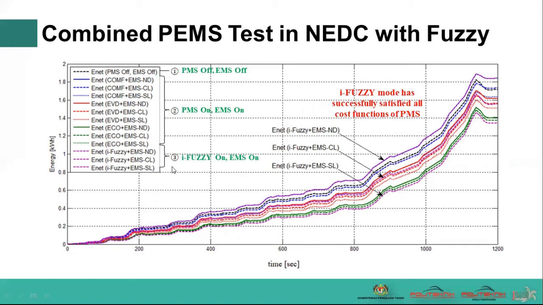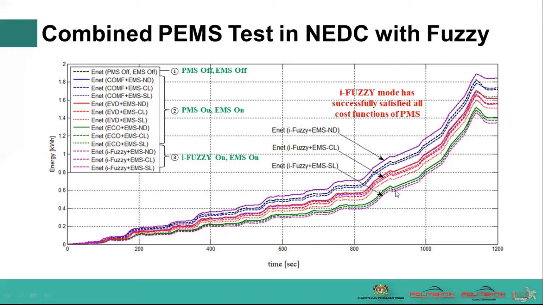And the last one is when we use I fuzzy instead of manual mode, with I fuzzy and EMS on. We can see here the I fuzzy net energy distributed on 3 locations, represented by the purple dotted line.